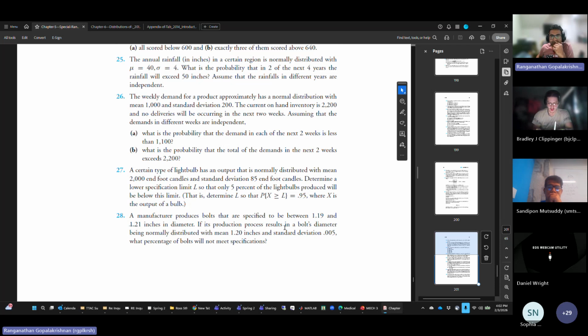If its production process results in a diameter being normally distributed with a mean of 1.2 inches and a standard deviation of 0.005 inches, what percentage of the bolts will not meet specifications? Meaning, what percentage or what fraction will lie outside of 1.19 to 1.21?